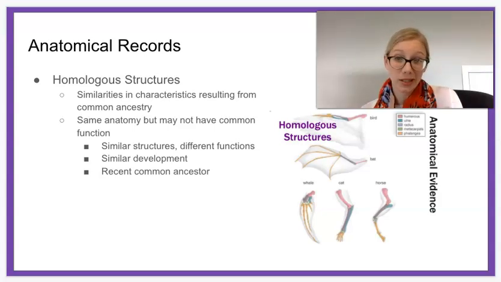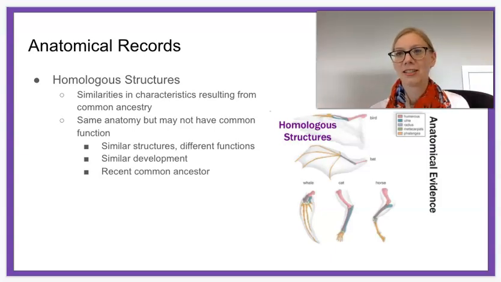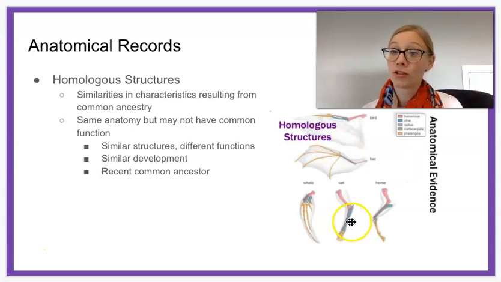Sometimes they don't even use them, or they're not using them the same way, even though they look the same. They might even have similar development, and typically they have a fairly recent common ancestor, which in your and my lifetime still seems like a long way away. So homologous: similar structure, different function.